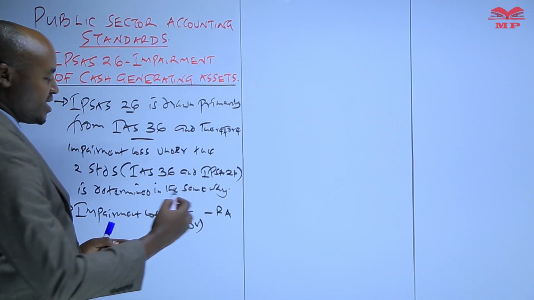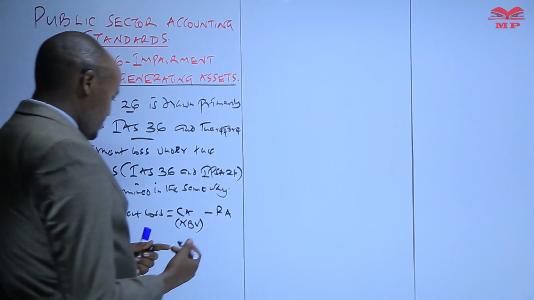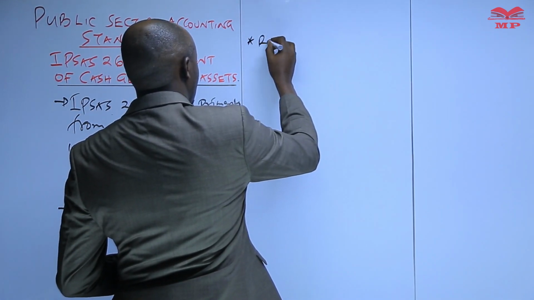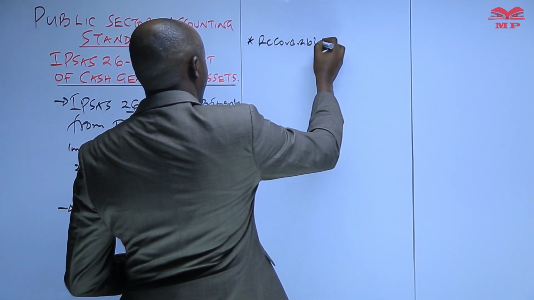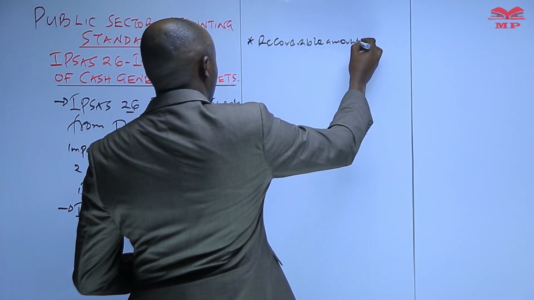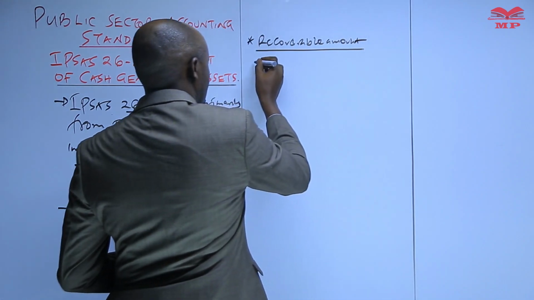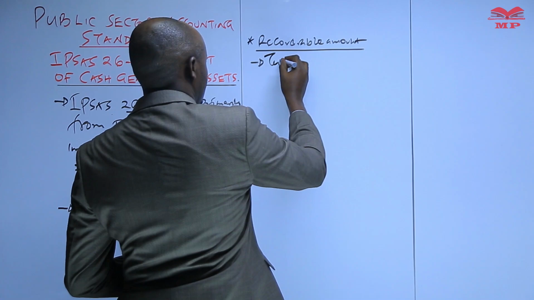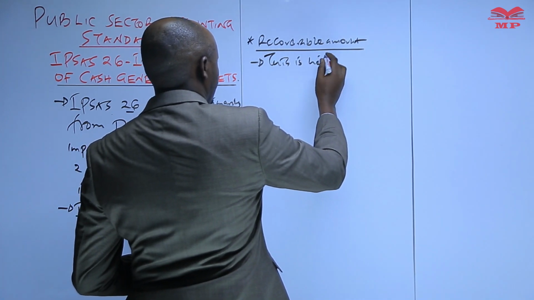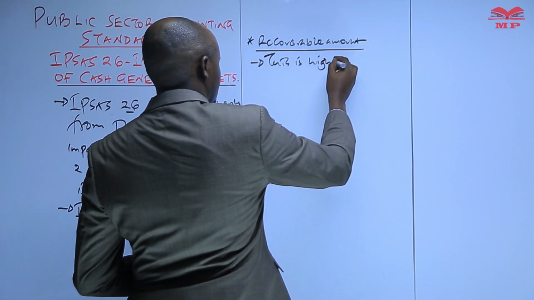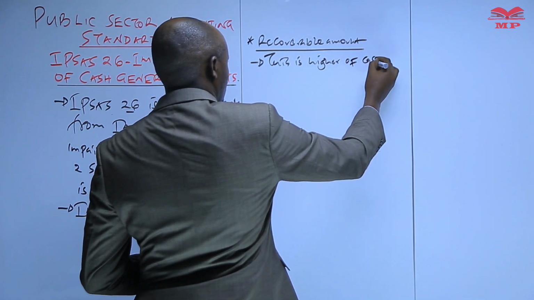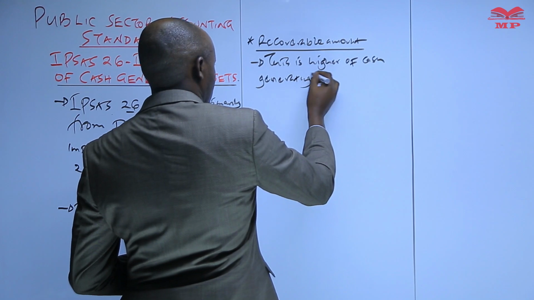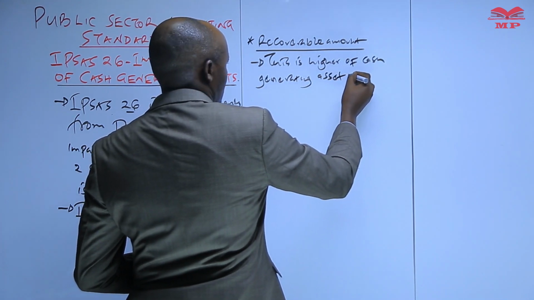We take the cost minus the accumulated depreciation. But what about the recoverable amount? The recoverable amount is defined as the higher of two values of the cash generating asset.